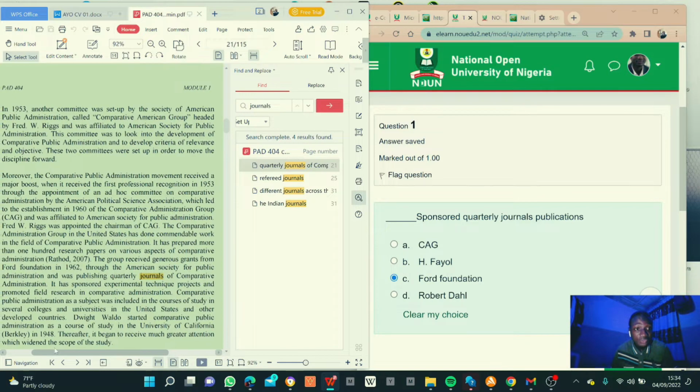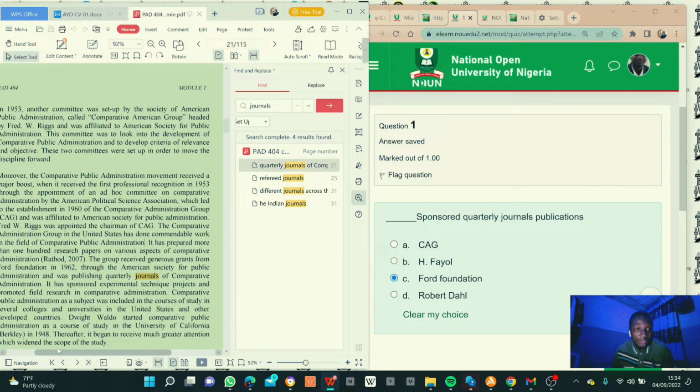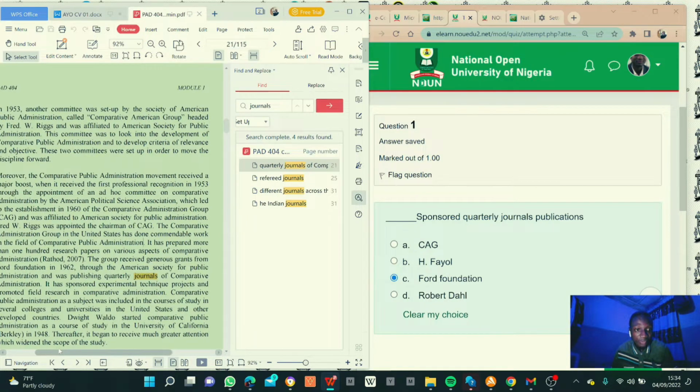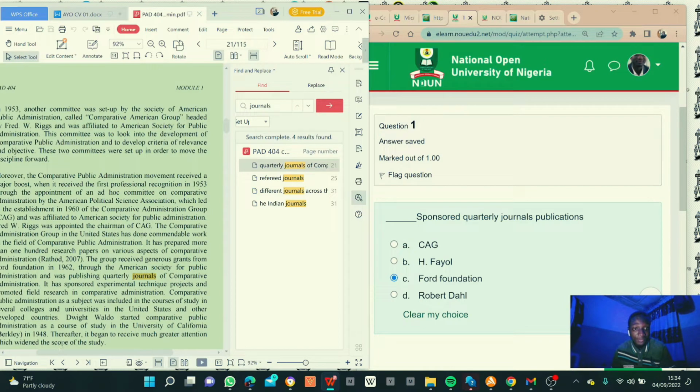It said it received a major boost when it received the first people. Okay, let's just take it from here. The cooperative, yeah, it's right here. This is it, I've seen it. It's a cooperative administration group in the United States that has done commendable work and prepared more than 100 research papers.